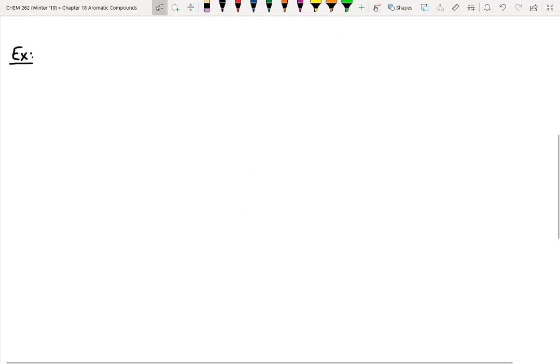And this example is going to be a bit more complicated. Okay, so we've got this big molecule. And what we're going to do is we're going to treat this with chromic acid.